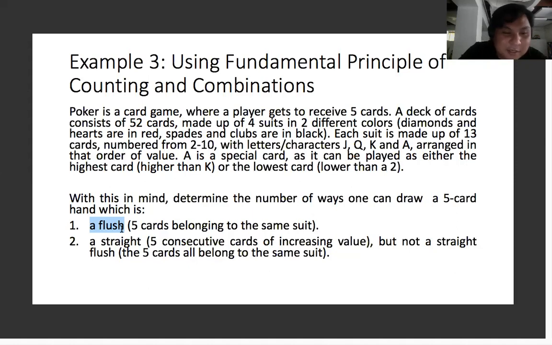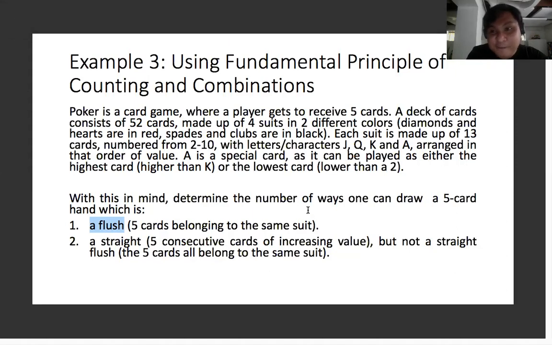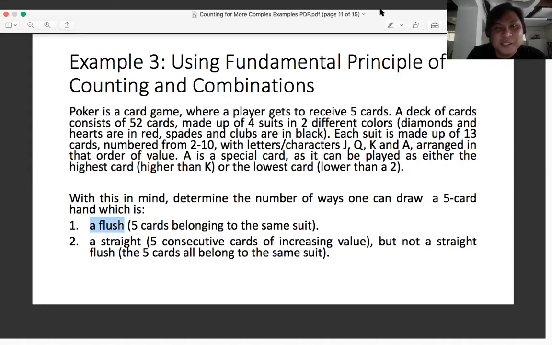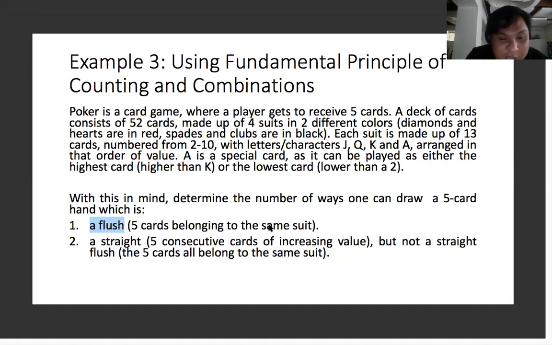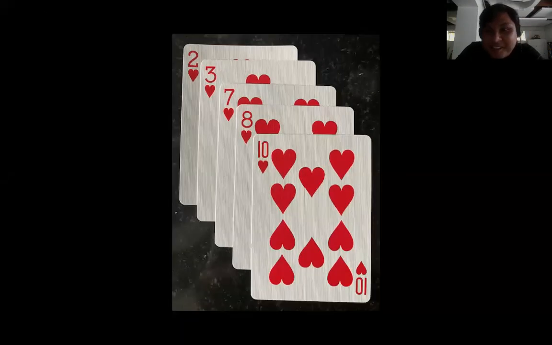The second question, oh wait, let me of course show you a particular example for a flush. Okay, so here we go. This one is an example of a flush.